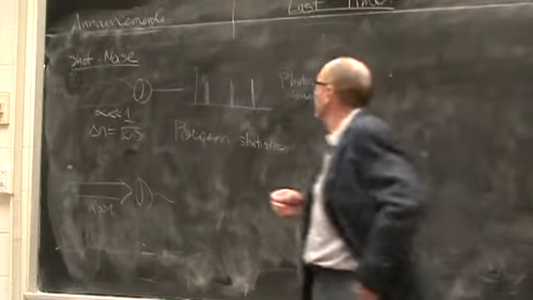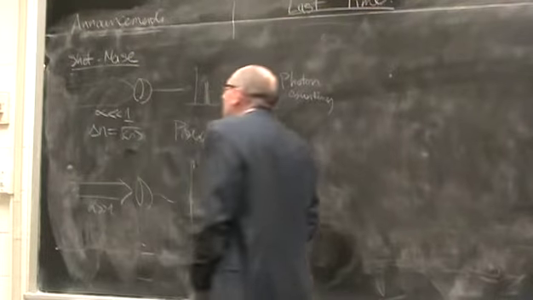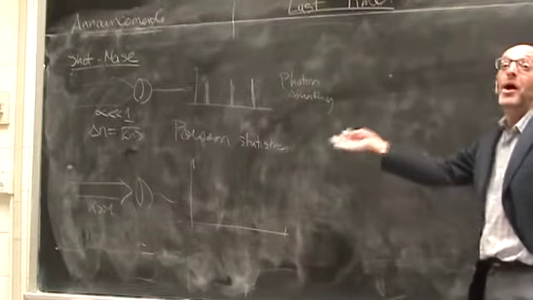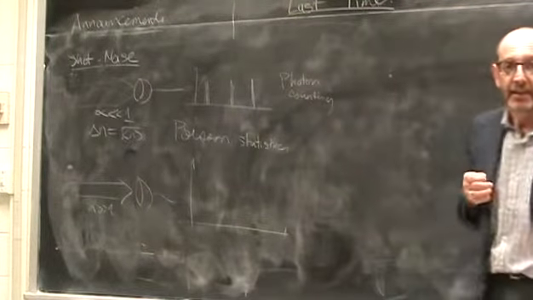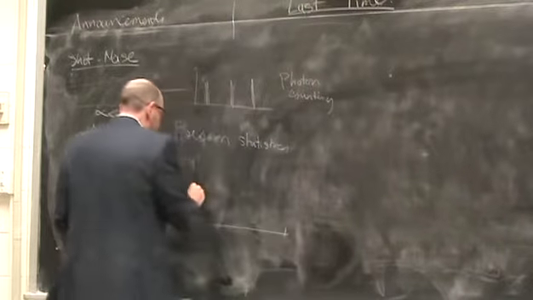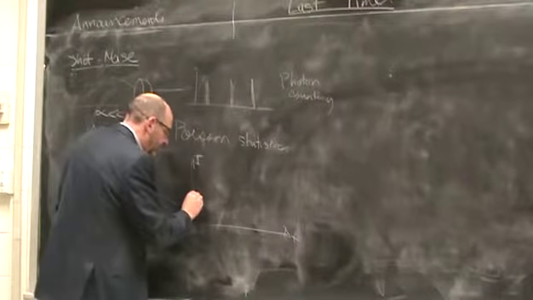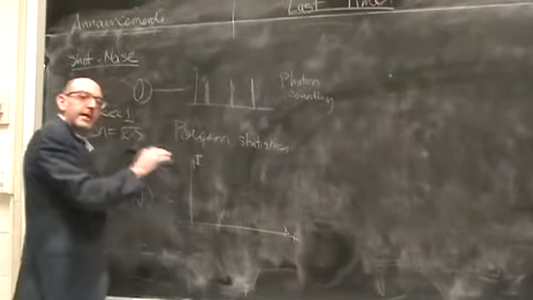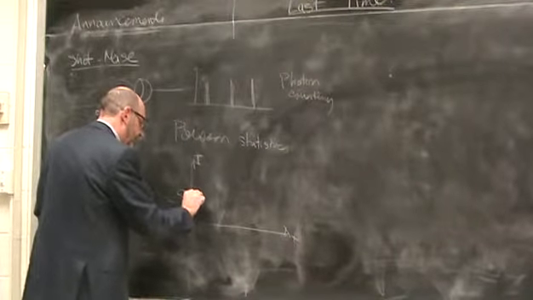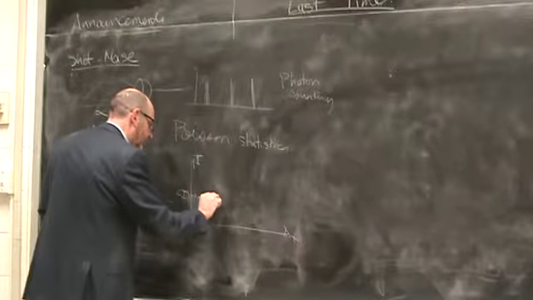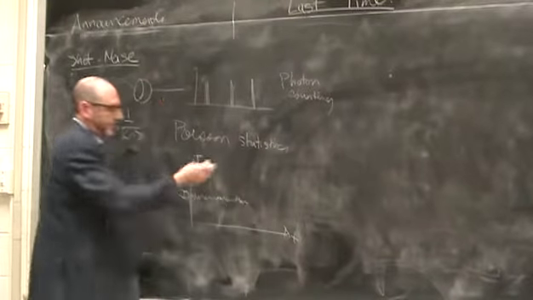In that situation, if this was a well-stabilized laser with a very definite intensity, then what we would see on the photodetector, looking at the photocurrent as a function of time, is some well-defined mean value and then some fluctuations about the mean.